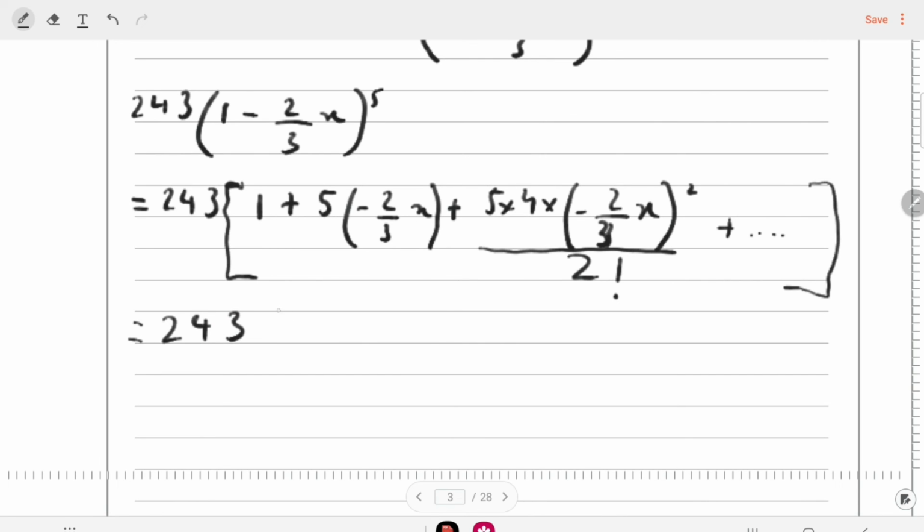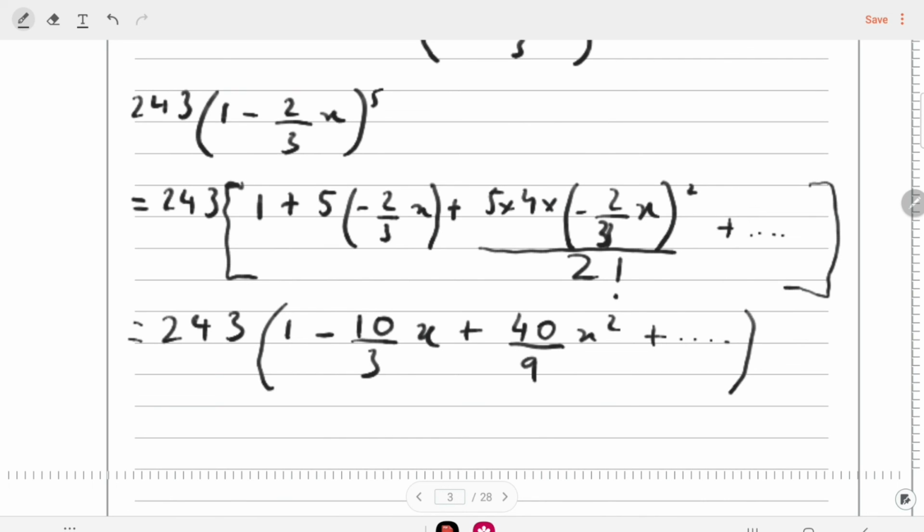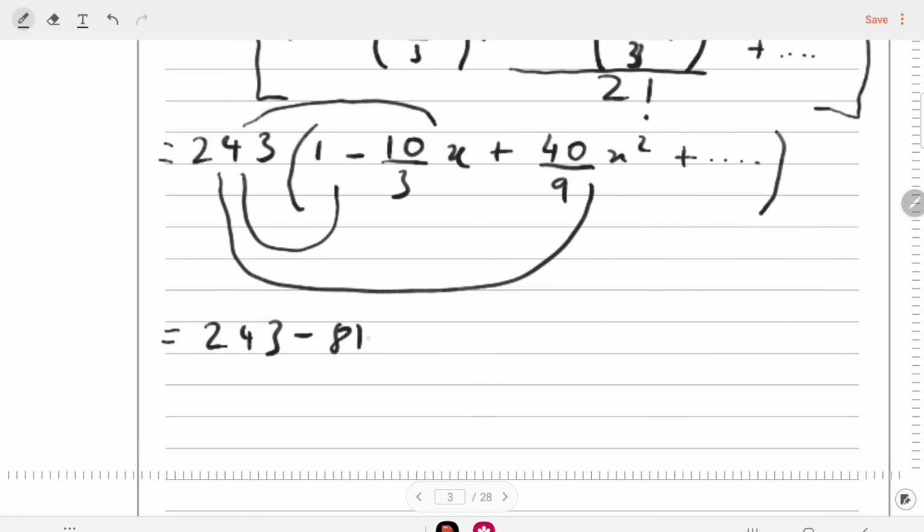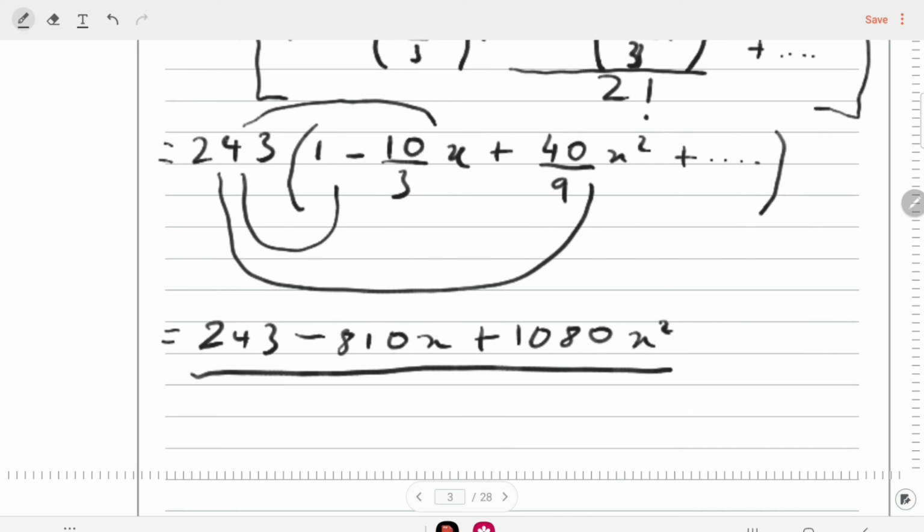This time we can use the normal brackets: (1 - 10/3 x + 40/9 x squared plus ...). And now we expand this bracket. Answer to the question.